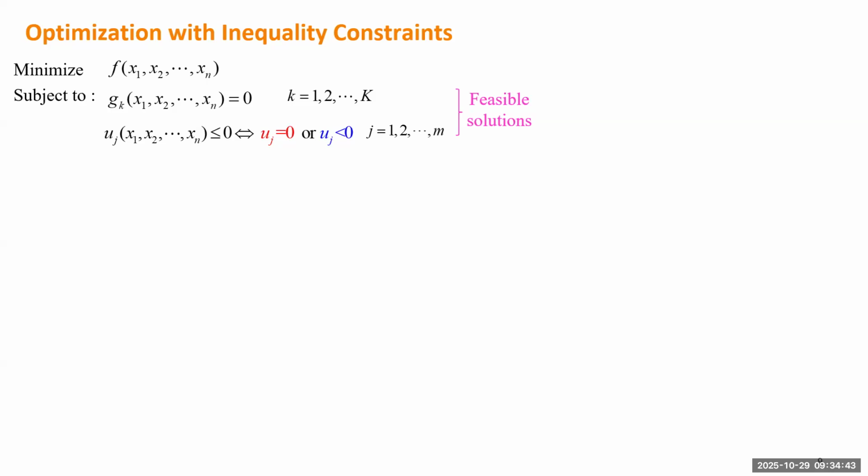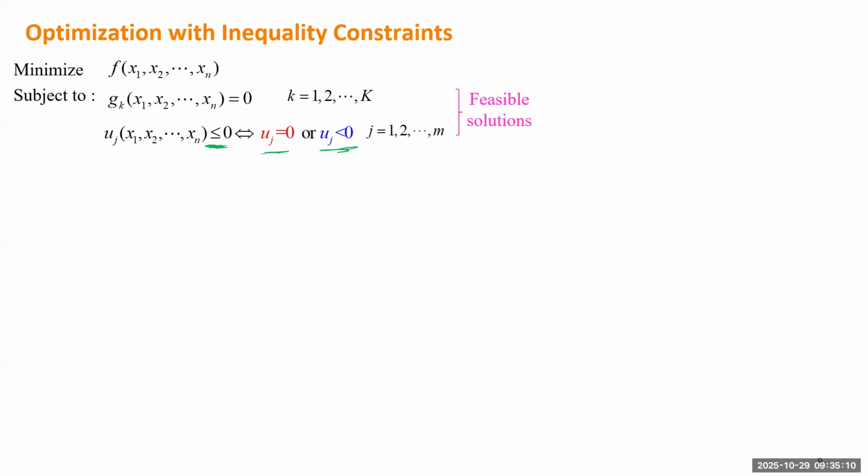Any inequality constraint will be written in this way, with U being either less than 0 or equal to 0. Which is equivalent to 2 constraints. If either one is satisfied, that will be considered a feasible solution.